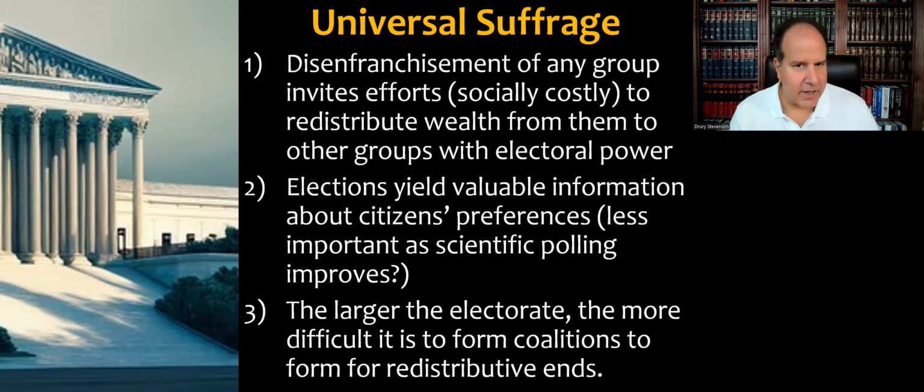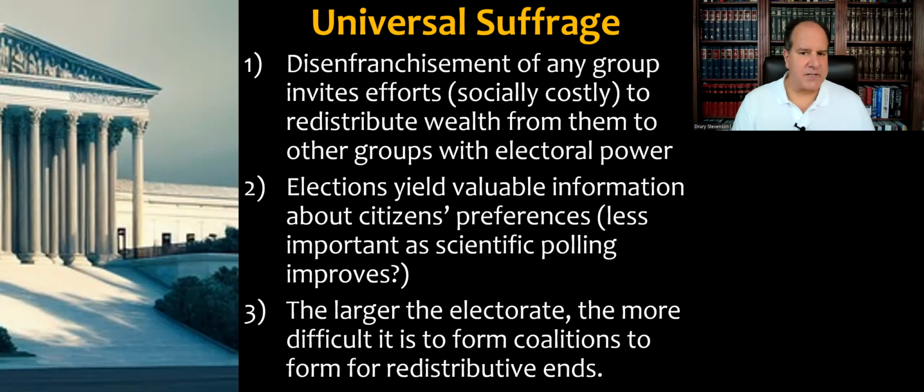Another argument for having universal suffrage, just letting as many people as possible vote, is that elections actually do yield valuable information about citizens' preferences. When Posner wrote a book, he said maybe this is less important as scientific polling improves, although in the last few election cycles, the pollsters have sort of been embarrassed with their inaccurate predictions about the outcome.